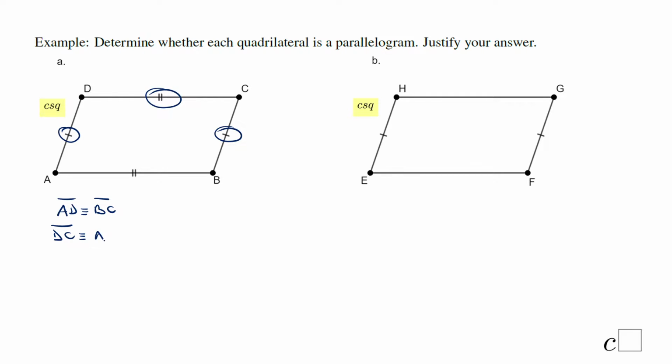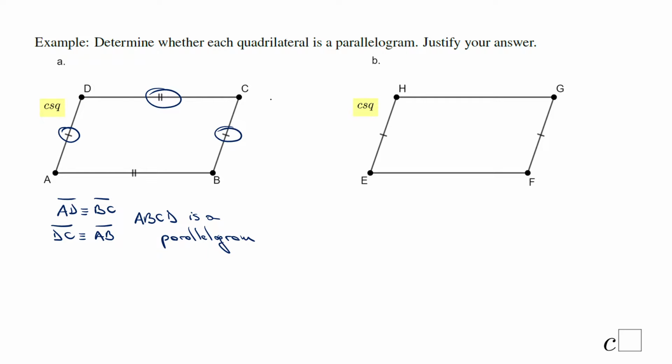And if you remember, that is one of the theorems at the beginning of this lesson. And yes, we can say now ABCD is a parallelogram. Yes, if the opposite sides are congruent, then the quadrilateral is a parallelogram.